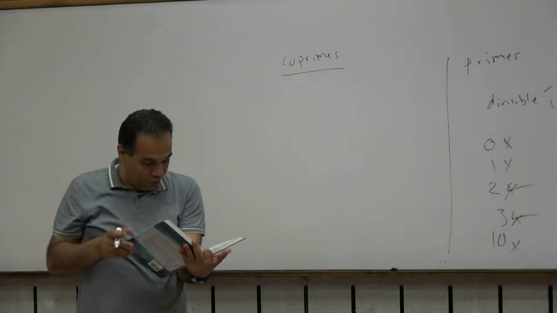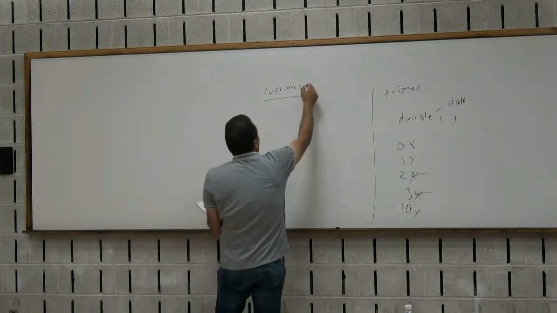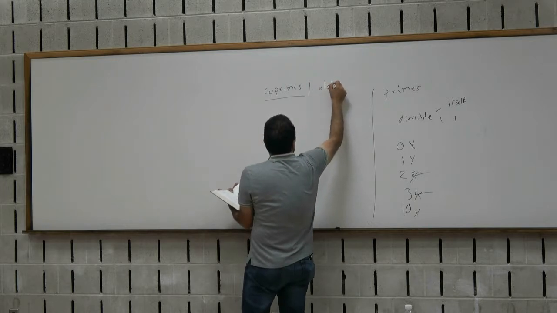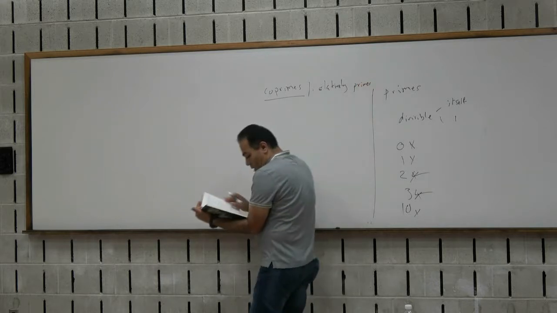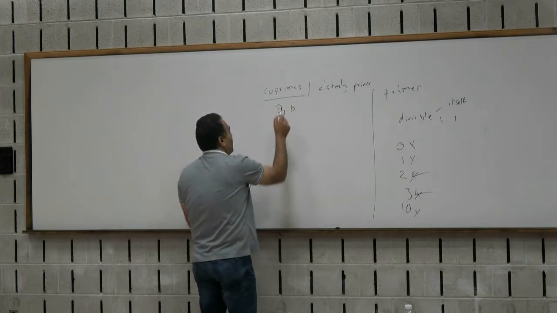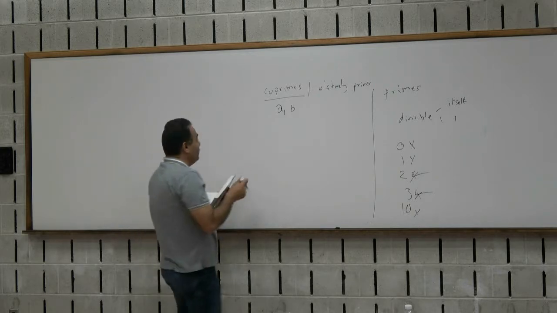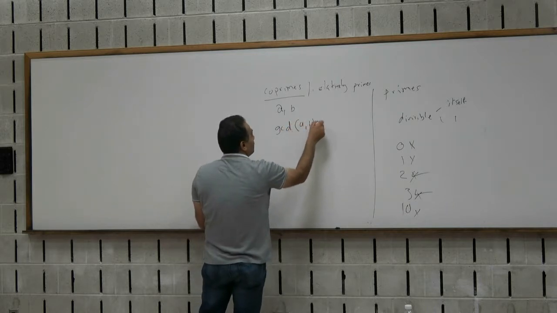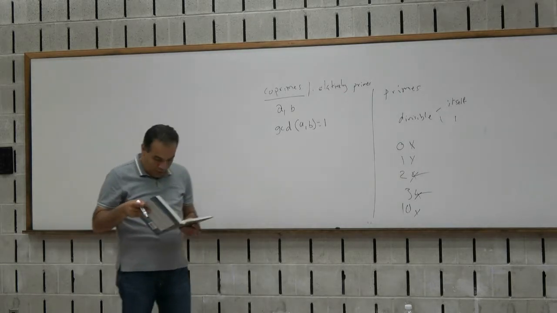Two positive integers a and b are relatively prime, or co-prime, if the greatest common divisor of a and b is 1. The greatest common divisor for both is 1.